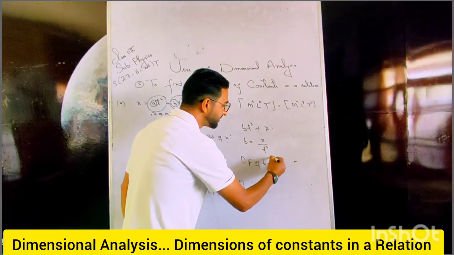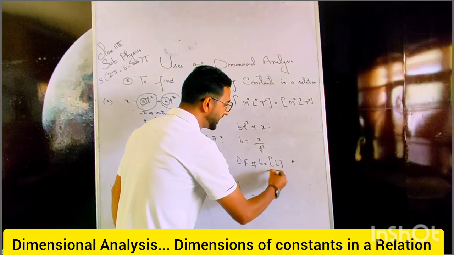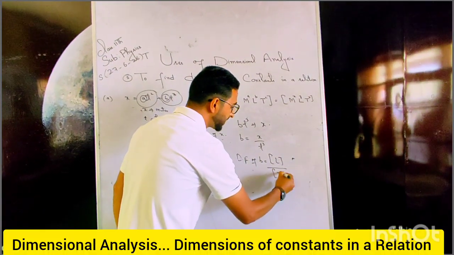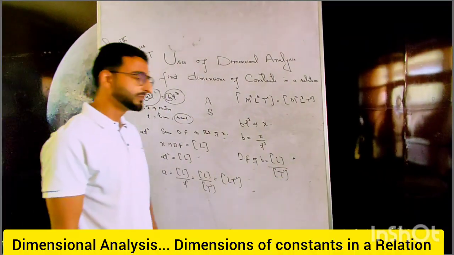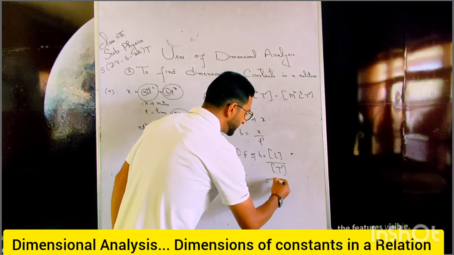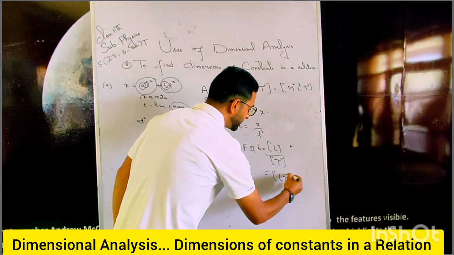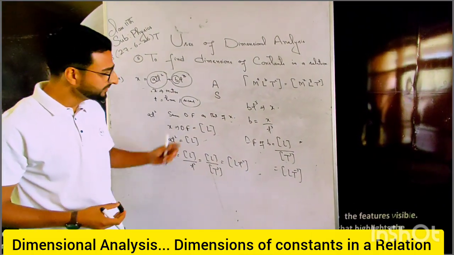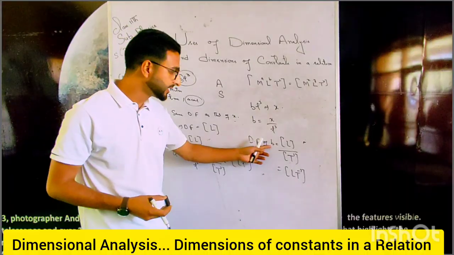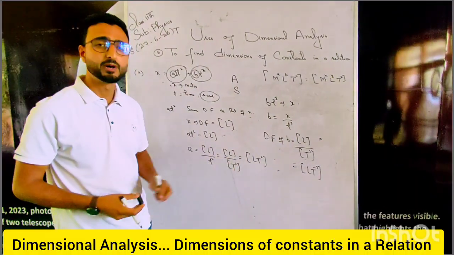So, what is the dimensional formula of x? We represent it by L. And what about the dimensional formula of T cube? We represent it by T power 3. So, let's simplify it a little bit, and I will get the dimensional formula of B, that is simply L T power minus 3. So this is the dimensional formula of B and this is the dimensional formula of A.